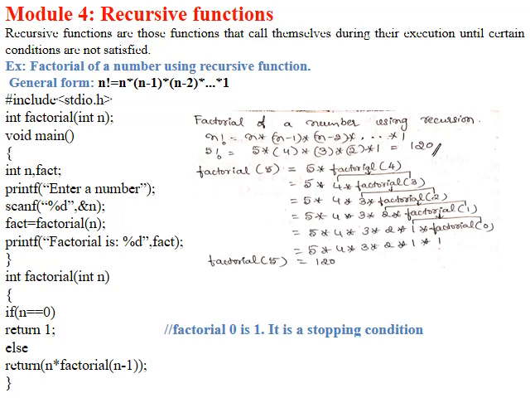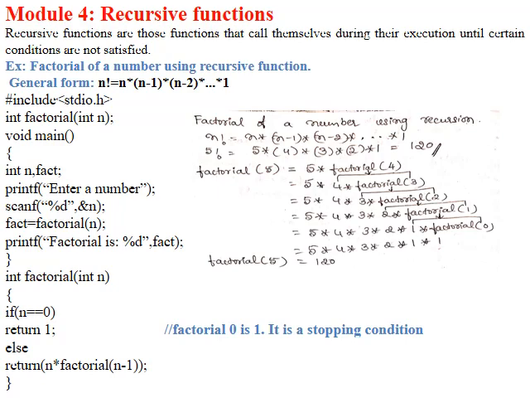So here we make one call to the recursive function, then the function calls itself and the execution takes place until the certain condition is met. Once the condition is met, the recursive call stops. We will see an example program, that is the factorial of a number, using the concept of recursive function.